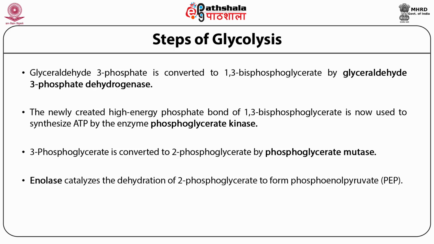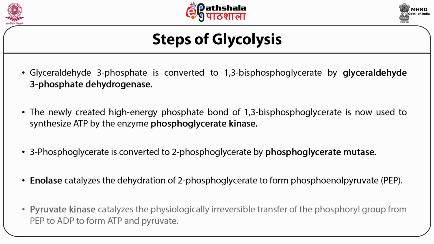The enolase enzyme catalyzes the dehydration of 2-phosphoglycerate to form phosphoenol pyruvate. Pyruvate kinase catalyzes the physiologically irreversible transfer of the phosphoryl group from the PEP, that is phosphoenol pyruvate, to ADP to form ATP and pyruvate.